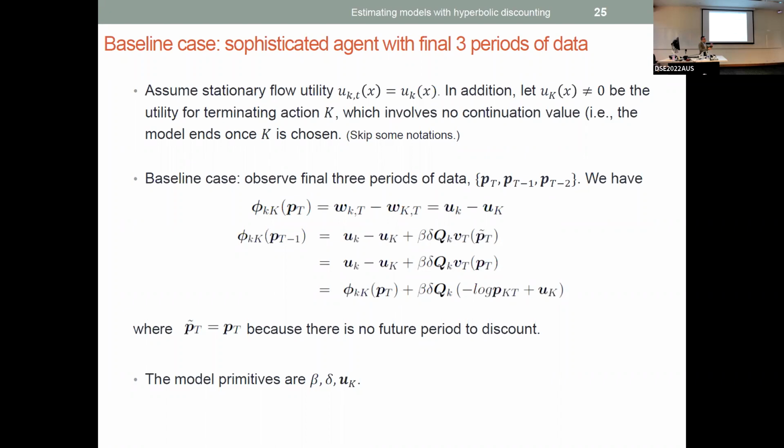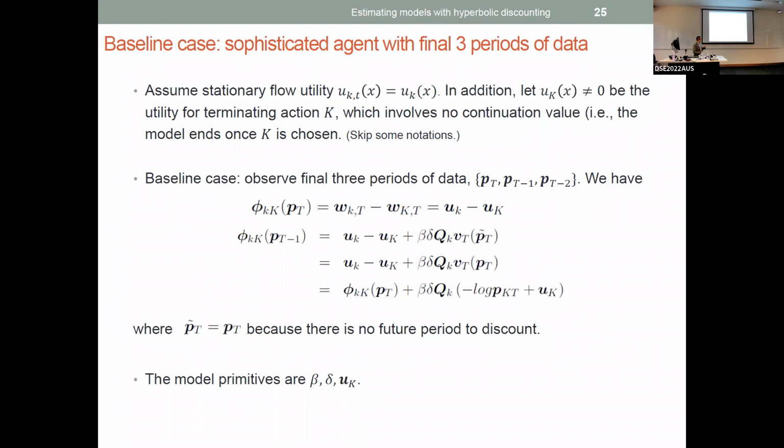The current self would assume the future selves follow some strategies. That's why there's this tilde here. But because we're talking about the terminal period, the perception would be equal to the observed P.